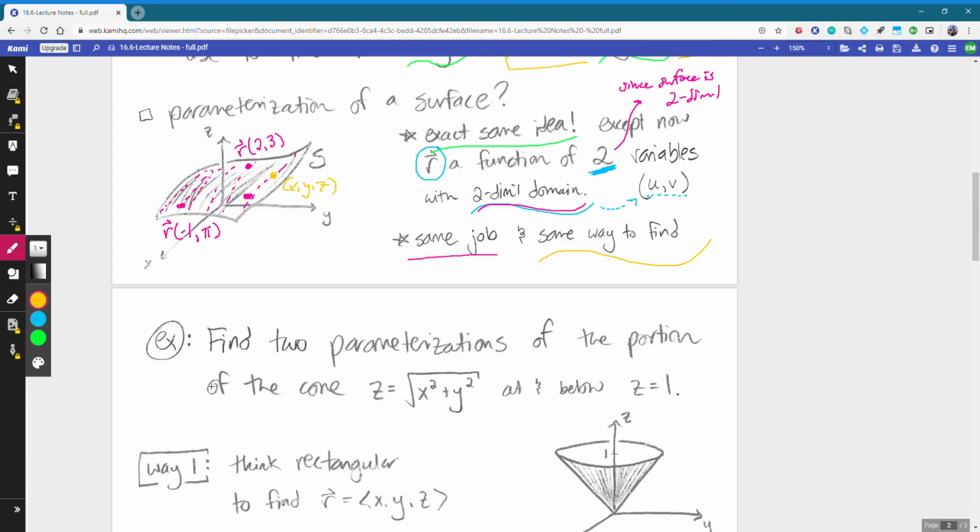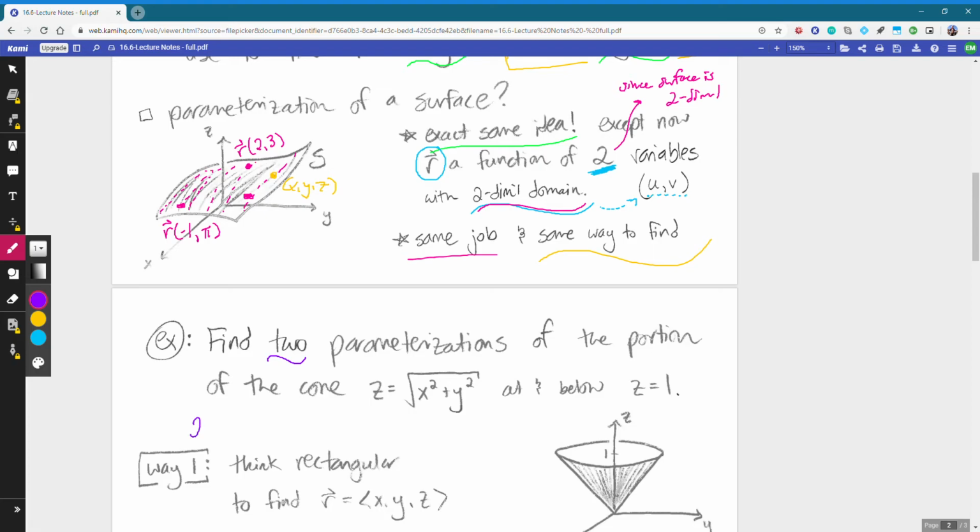And what I'd like to do is just dive in and give you a chance to try and find 2 different parameterizations for this cone. And these 2 different parameterizations are going to come from describing this thing in 2 sets of coordinates. And we can see way 1 right here. We can think of this and describe it using rectangular coordinates and use that description to find our parameterization.